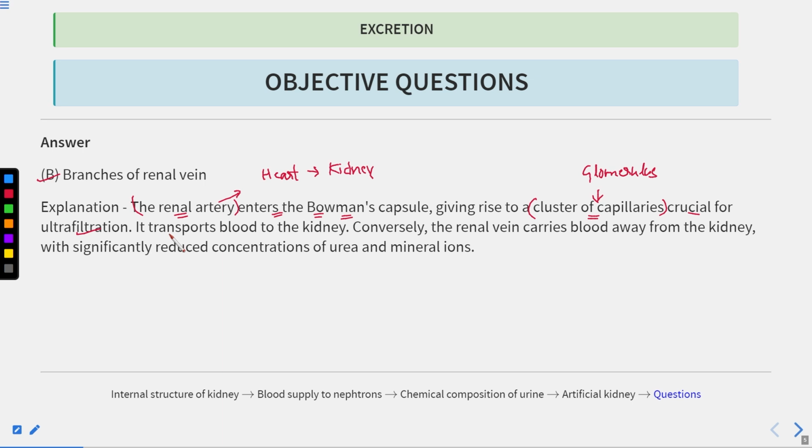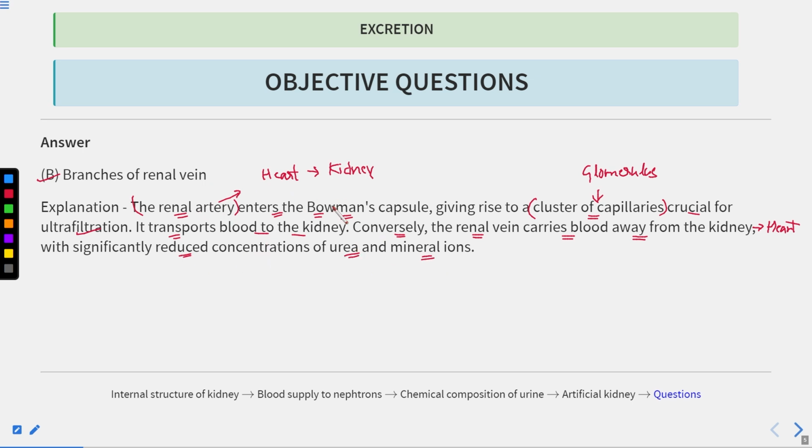Conversely, the renal vein carries blood away from the kidney towards the heart, with significantly reduced concentration of urea and mineral ions.